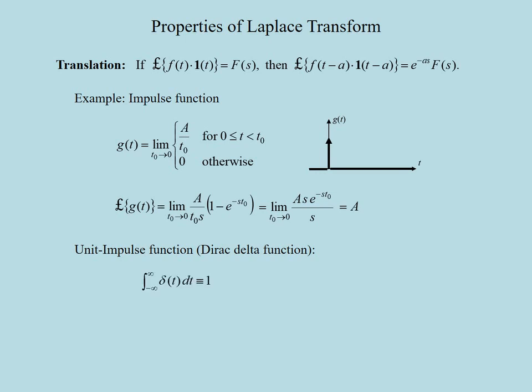So the impulse function integrates between minus infinity to plus infinity to 1, and it is 0 almost everywhere. Also note that it can be expressed as the derivative of the unit step function, and its Laplace transform is equal to 1.